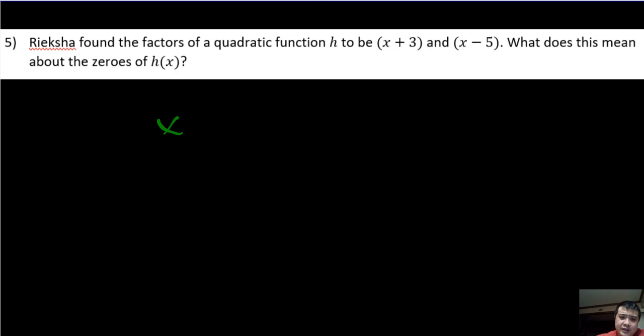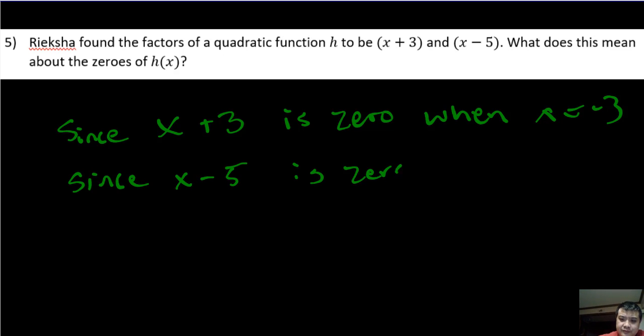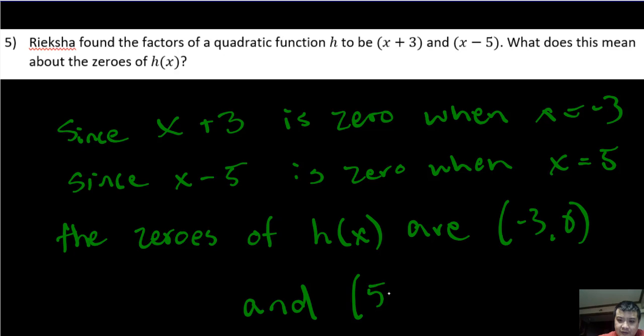Well, that means that since x + 3 is 0 when x equals negative 3, and since x - 5 is 0 when x equals 5, the zeros of h(x) are (-3, 0) and (5, 0).